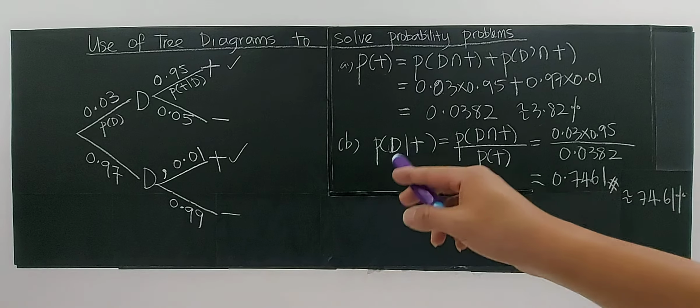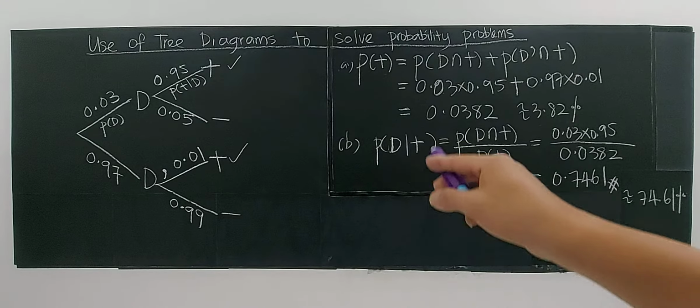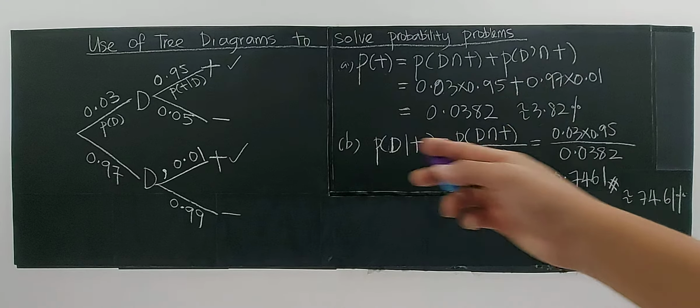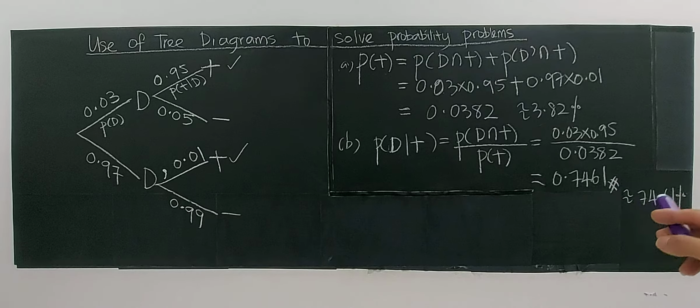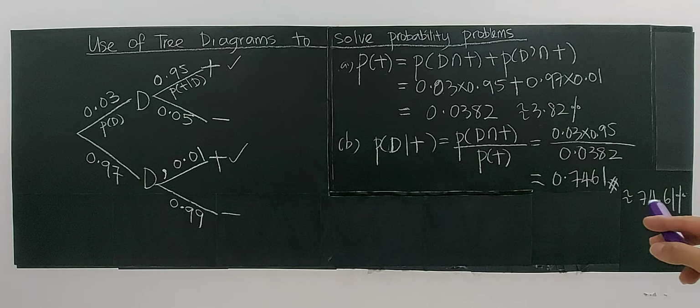This should be improved. If let's say this is 90, it's even better, and 99 even better. It means the test is more reliable, right?